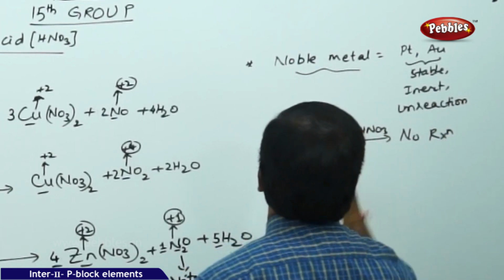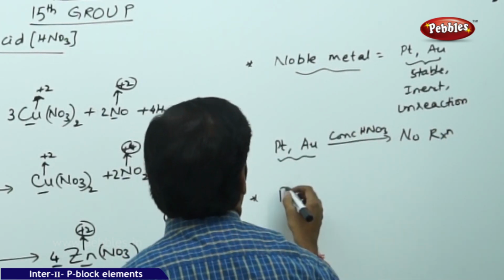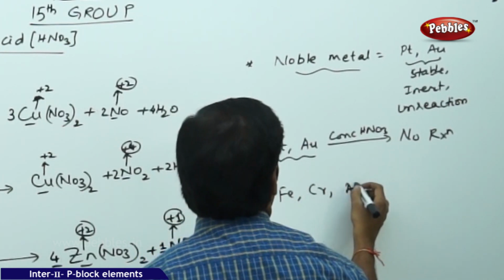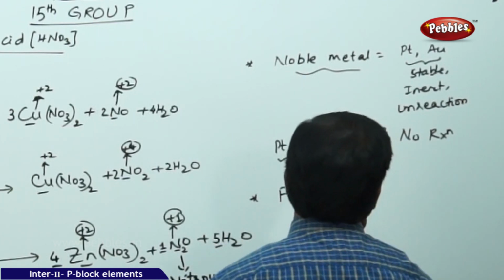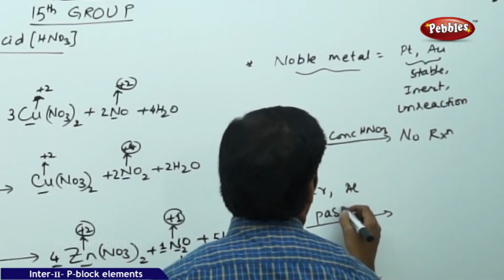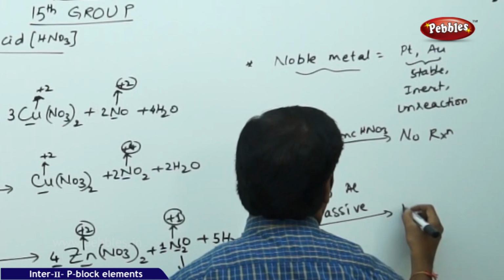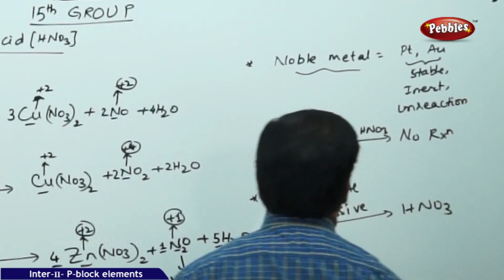Next, similarly, if you go for iron, chromium and aluminium, these are some of the metals that turn passive towards nitric acid. What is the meaning of this?